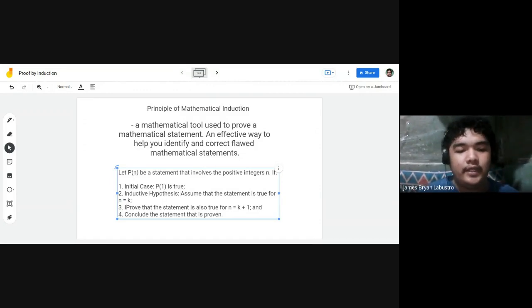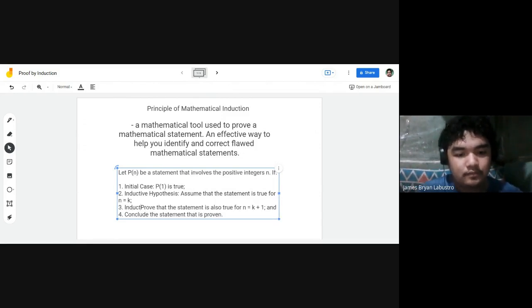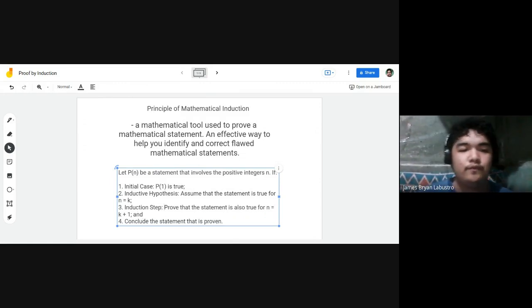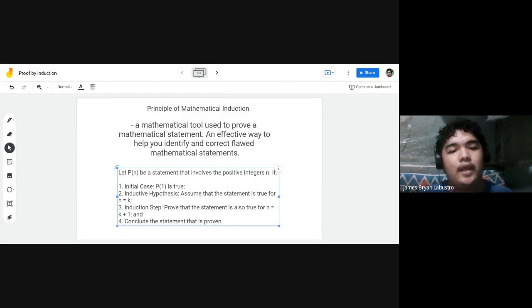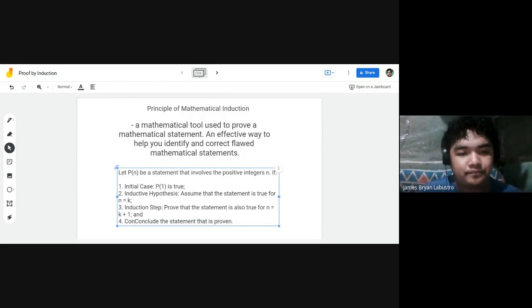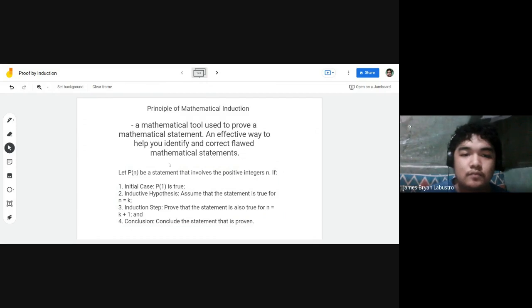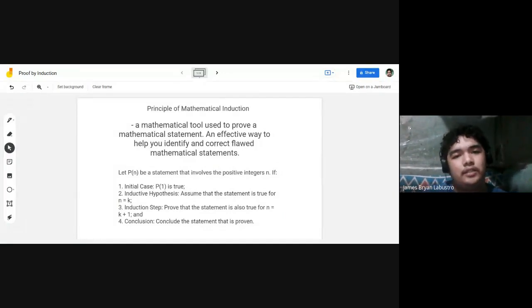And we have the induction step, to prove that the statement is also true for n is equal to k plus 1. And we have the conclusion, to conclude the statement that is proven. So these are the four steps that we have to follow in accordance with the principle of mathematical induction.